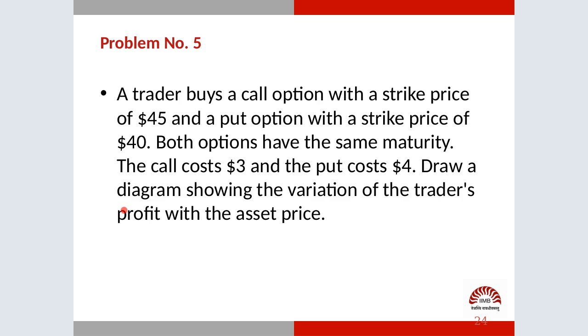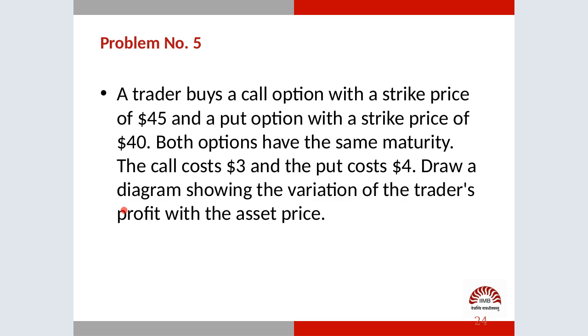Now if I combine the two together, where did you get the 33 and 52 from? It is 36 and 48, because 45 is the strike price for the call option, and the moment the price goes above 45 plus 3, 48, he makes a profit. Similarly, 40 is the strike price for the put option, and he pays a premium of 4, which means as long as the price goes below 36, he makes a profit.